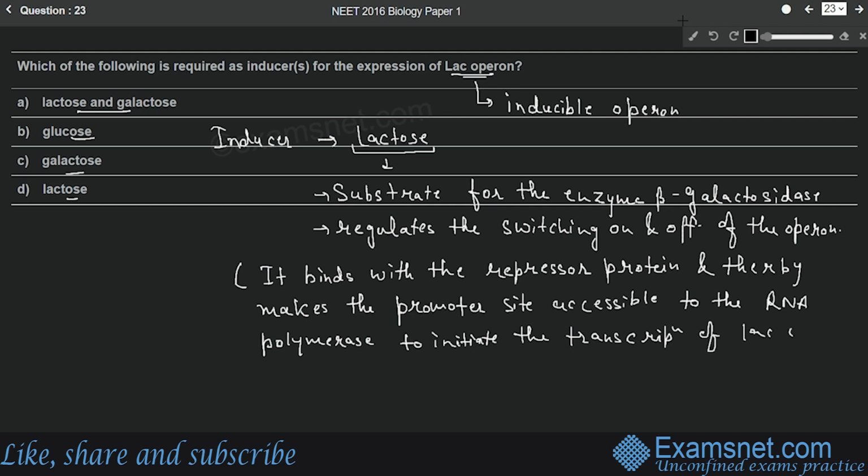So basically it helps the RNA polymerase to initiate the transcription of lac operon, right? Therefore, the correct answer will be option number D, that is lactose.